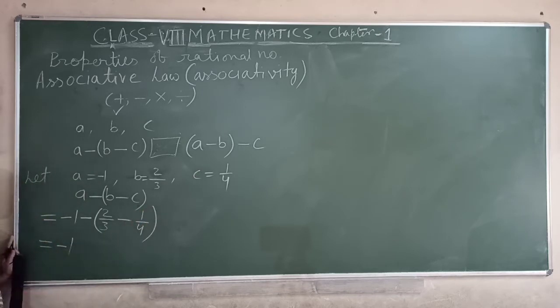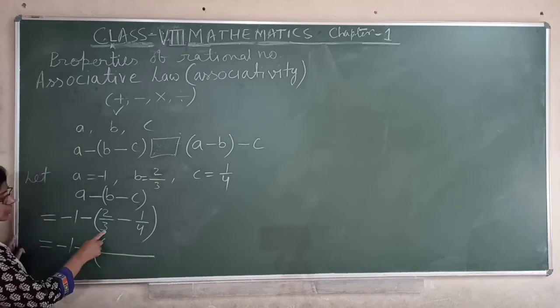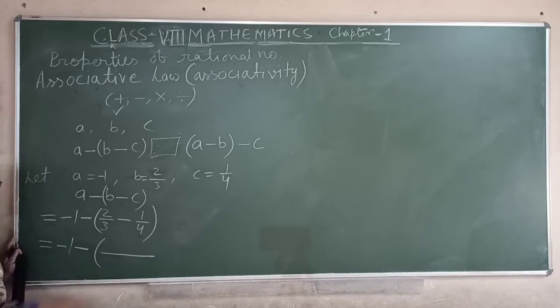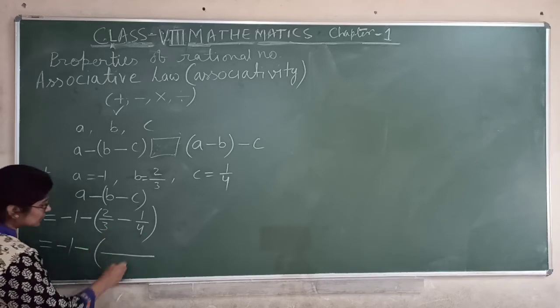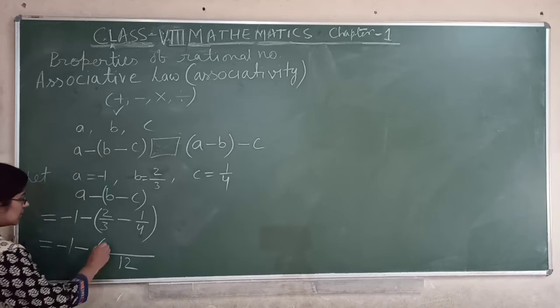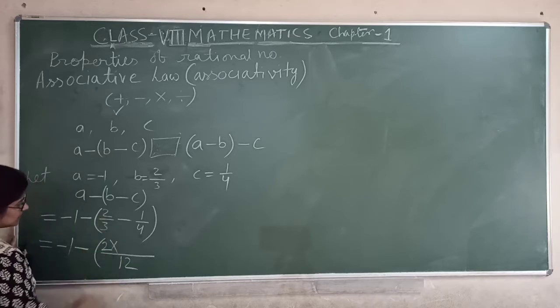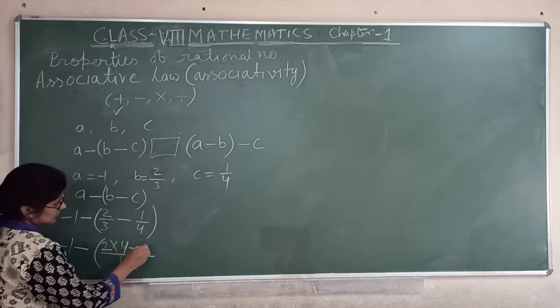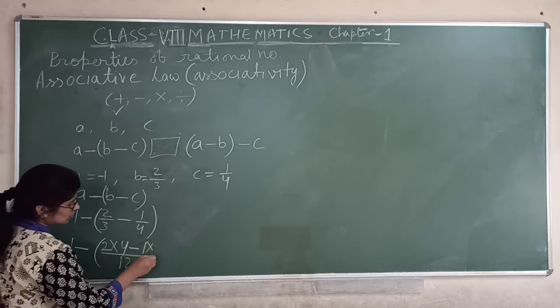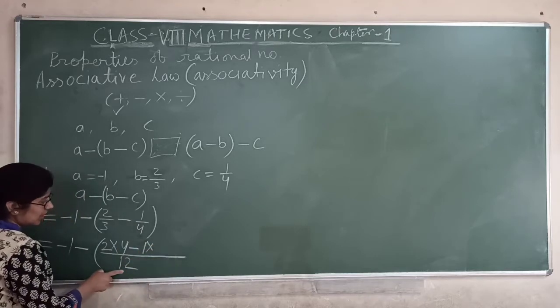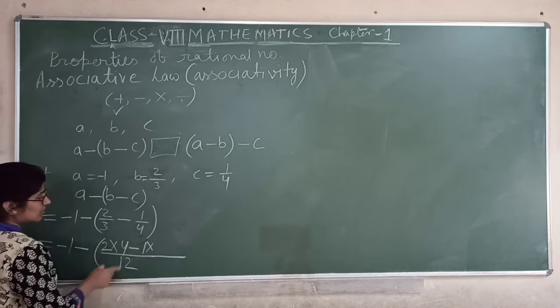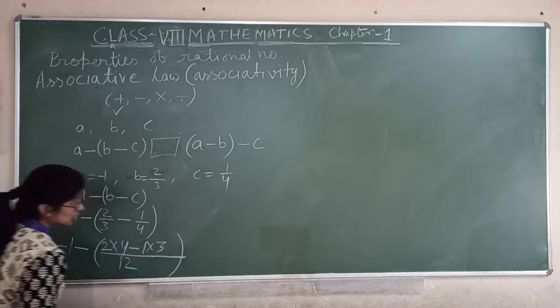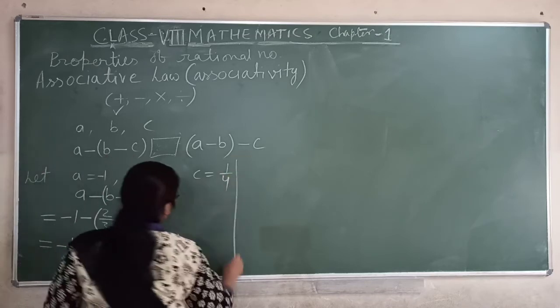So minus 1, minus within bracket: 3 and 4 are two prime numbers, so directly multiply, 3 times 4 is 12, so the LCM will be 12. 2 into 12 divided by 3, 4. Then minus 1 into LCM 12 divided by 4. 12 divided by 4, you will get 3.